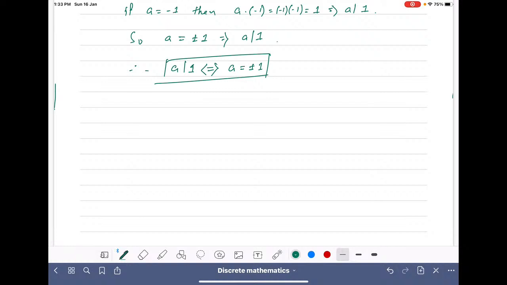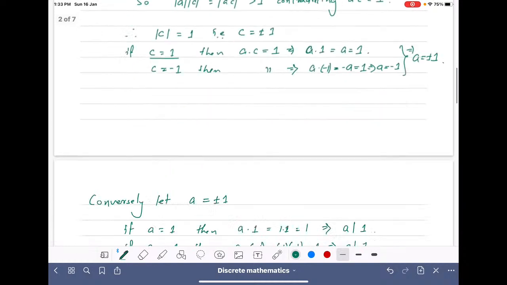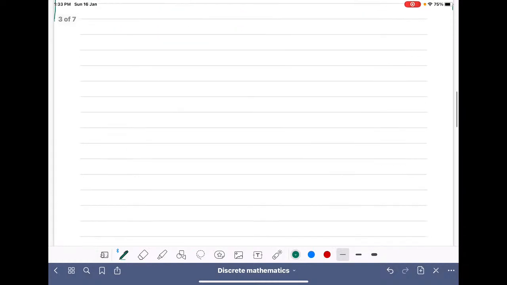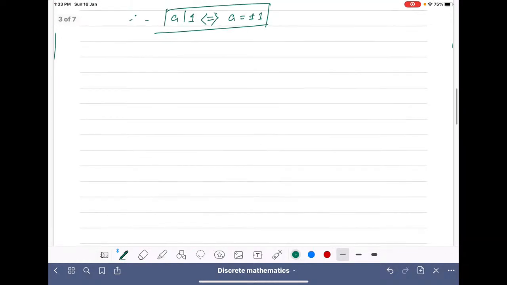Next result is, I think this is result 3. If a divides b and c divides d, then ac divides bd.